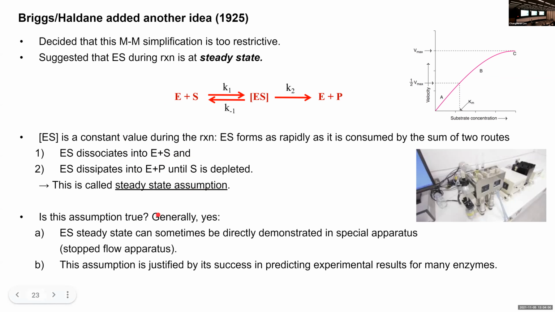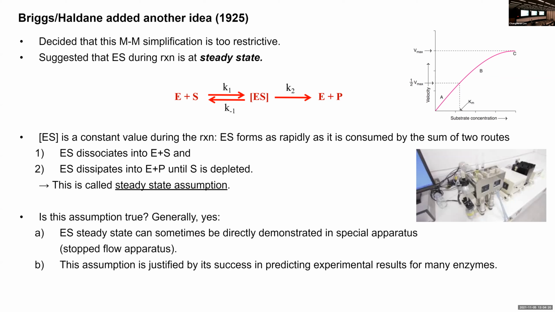And this assumption is actually validated as true because you can measure the concentration of product or substrate using an apparatus called a stopped-flow apparatus. You just stop the flow of substrate and measure how much product you gain.